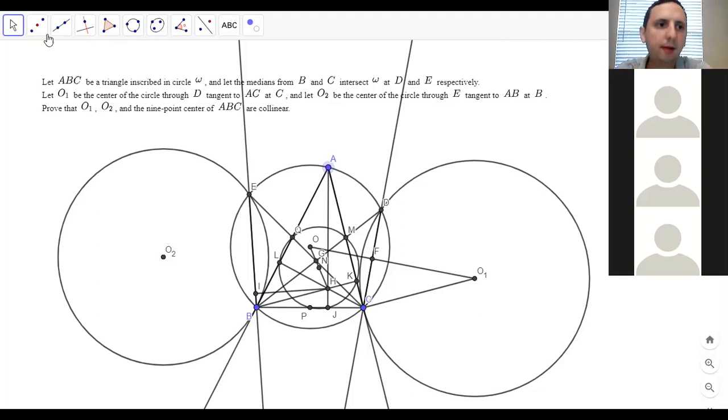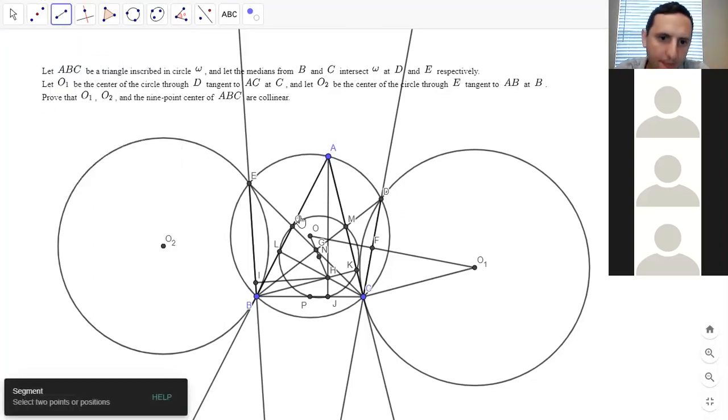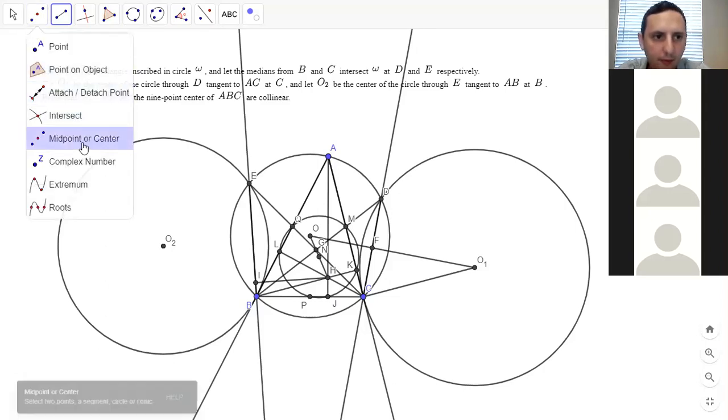So BE, if I draw this point right here. Oh wait, never mind. What's the midpoint of EH?